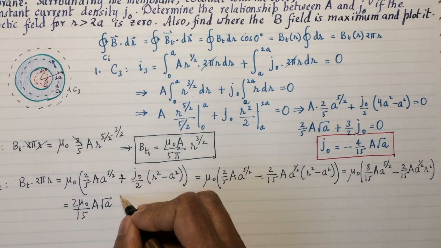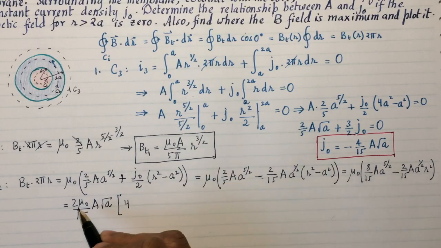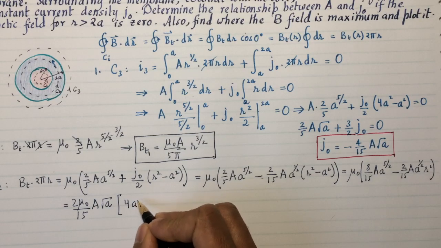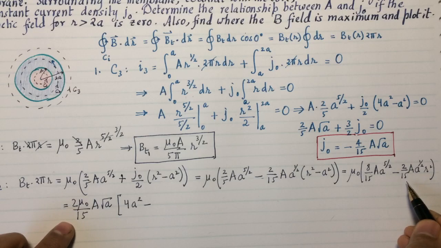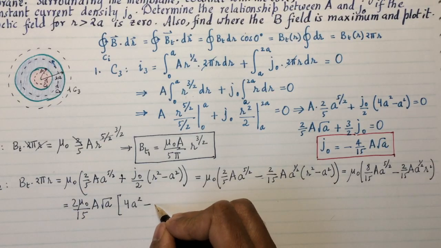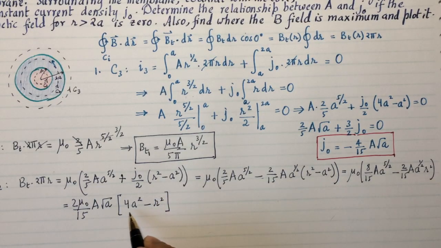Then I have left over inside 4 times, because 4 times 2 is 8, 4 times A squared minus, now I've taken a 2 out, a 15 out, an A out, and the square root of A out, so I'm only left with an r squared. That looks very pretty because they have to have the right dimensions, and 4A squared minus r squared has a good meter squared dimension.